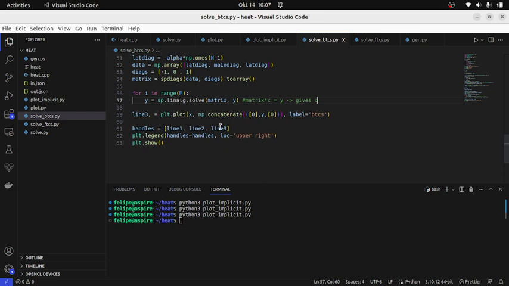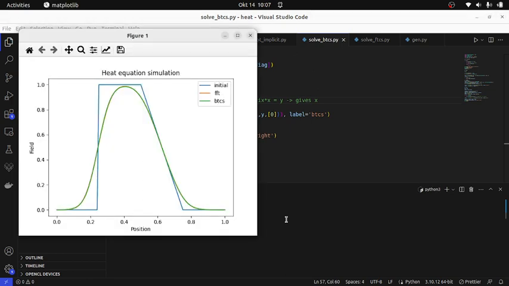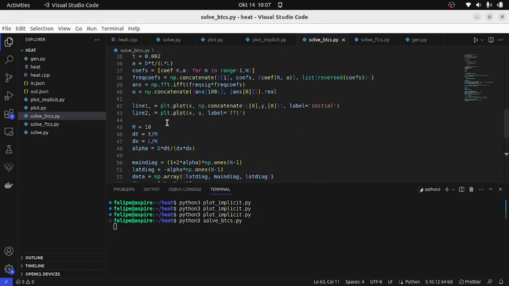All right, so if we run this as it is, so it is solve BTCS. Let's see what we get. And you see, the FFT is yellow, BTCS is green, and it fits perfectly with only 10 time steps, right?